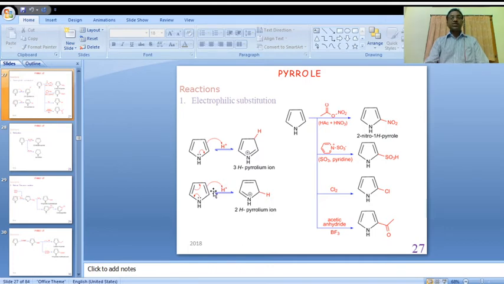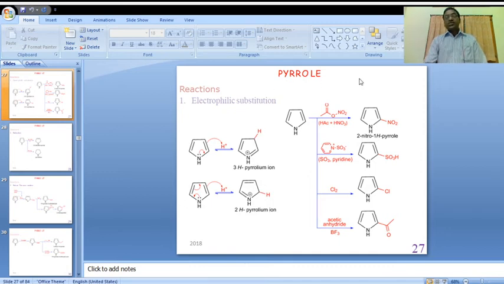The H plus ion attacks the C2 carbon. It gives the 2H pyrrolium ion. These two compounds are positively charged species. Is it clear, all of you?